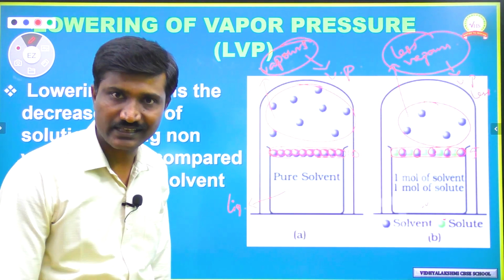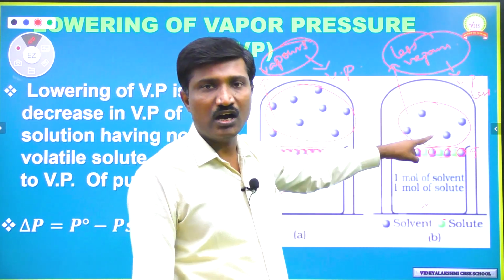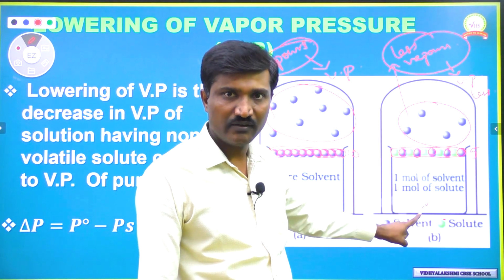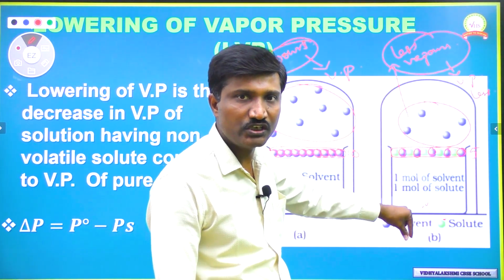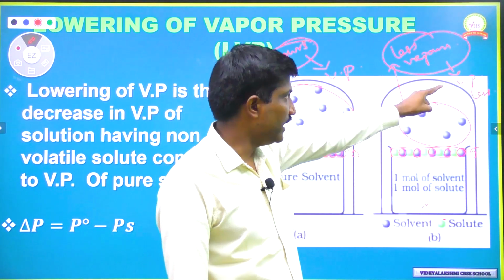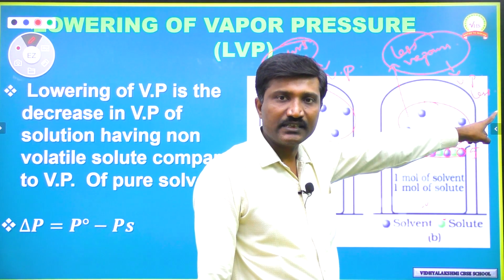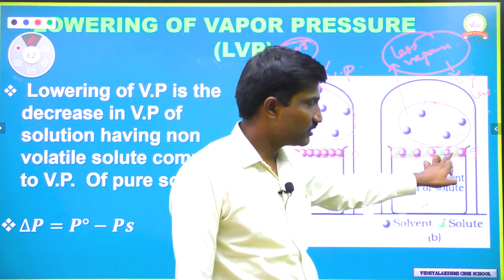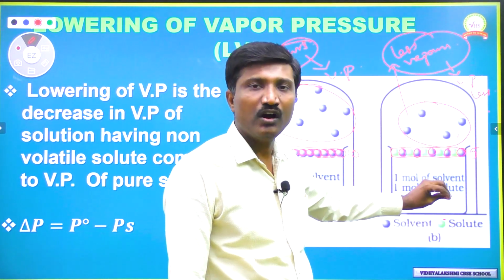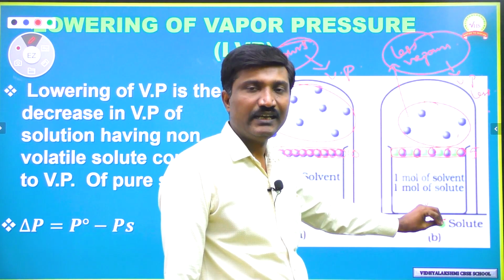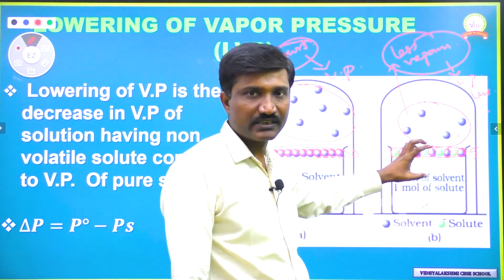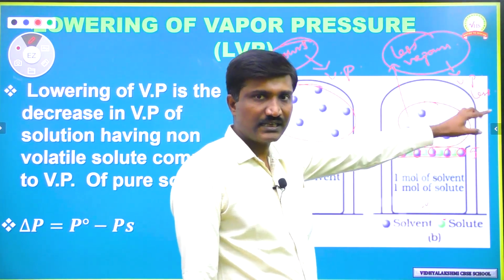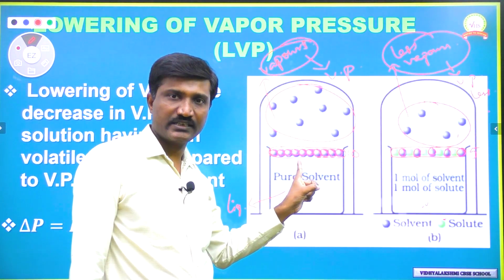That means we can say that when a non-volatile solute is added to a volatile liquid solvent, then in the solution state the vapor pressure exerted by that solvent is less compared to the pure state, so its vapor pressure decreases. Do we say like this?